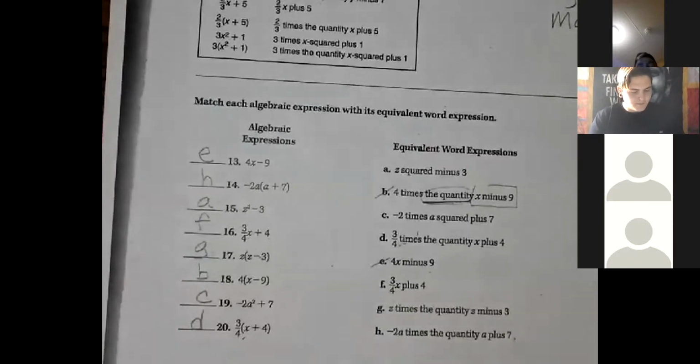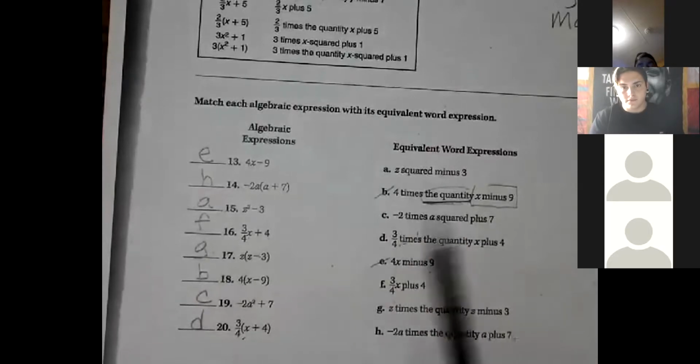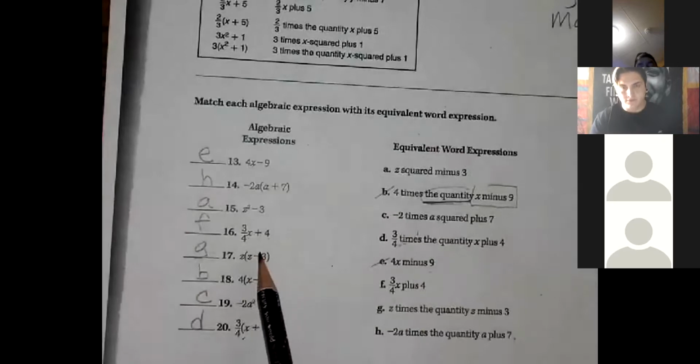Right. So on the GED test, I am positive that you need to have the skill to be able to take words and turn it into an expression.